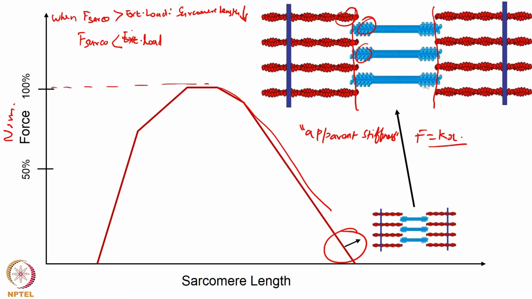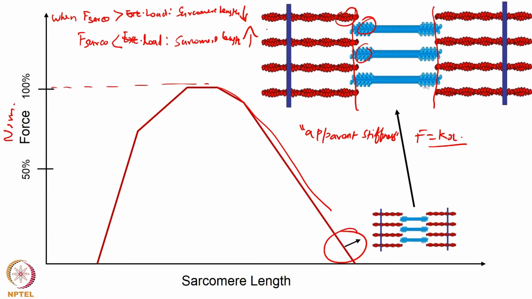So, if the force produced by the sarcomere is less than the load on that sarcomere, then what happens, the sarcomere length increases, right.